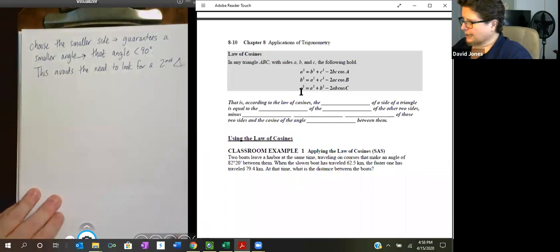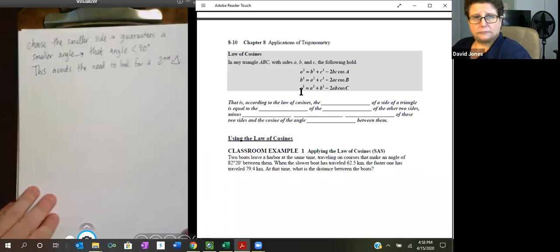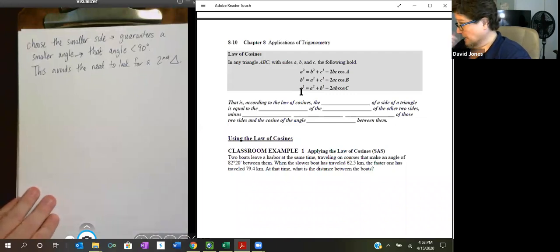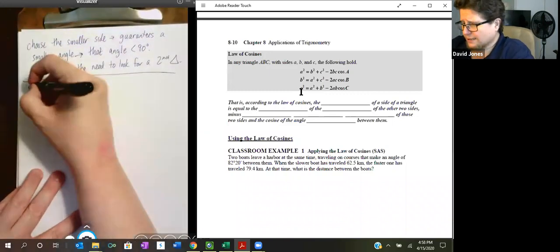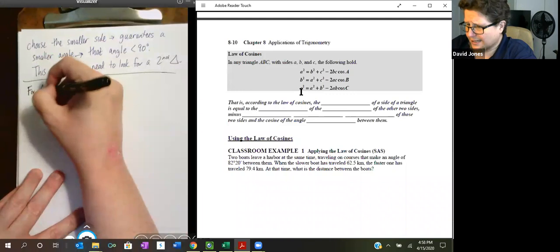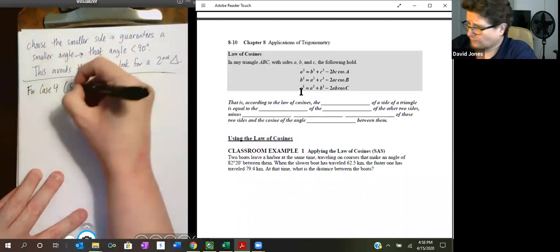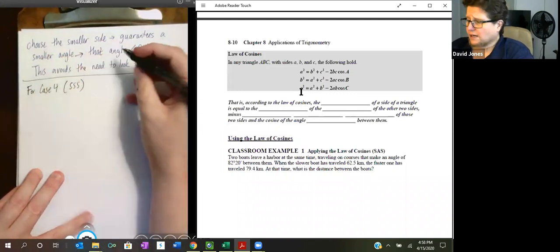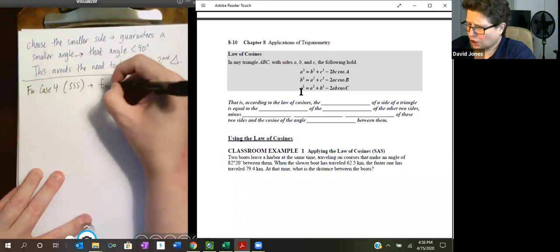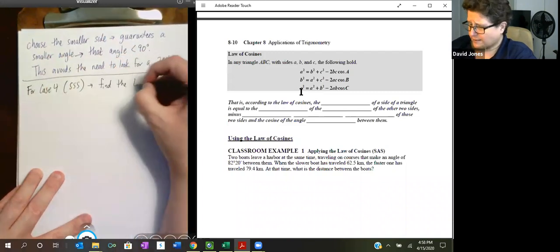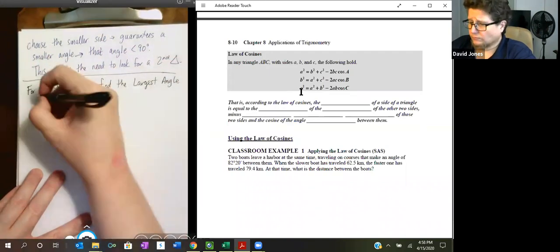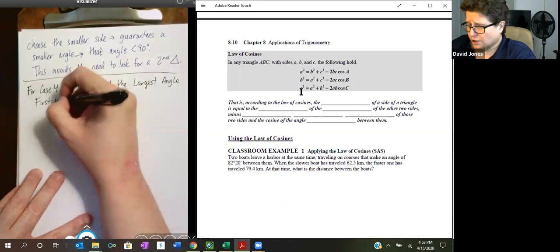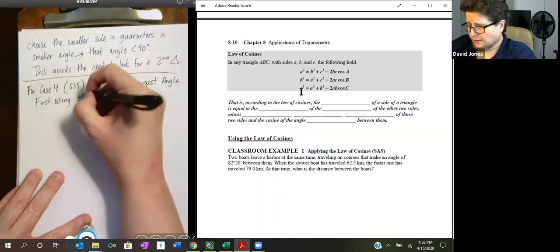And finally, we have the side situation. So for case 4, side, side, side, we're going to find the largest angle first using the law of cosines.